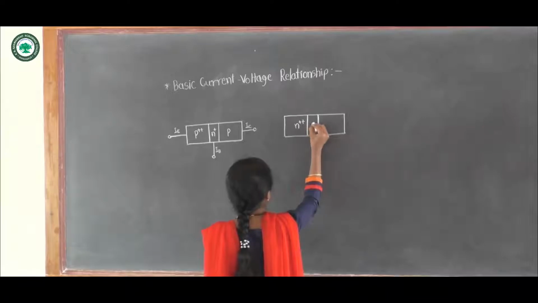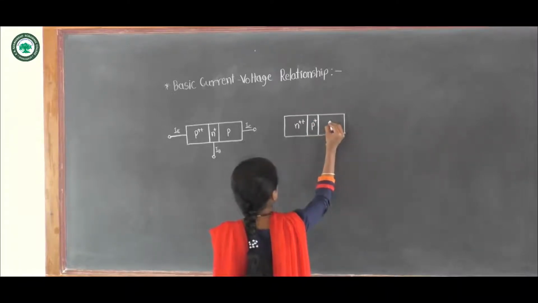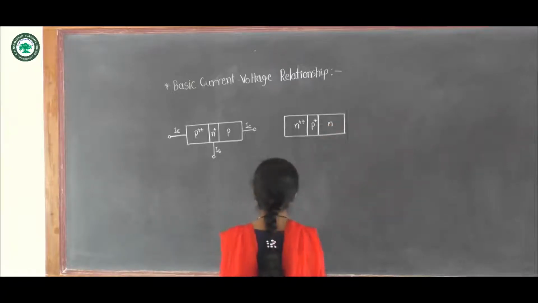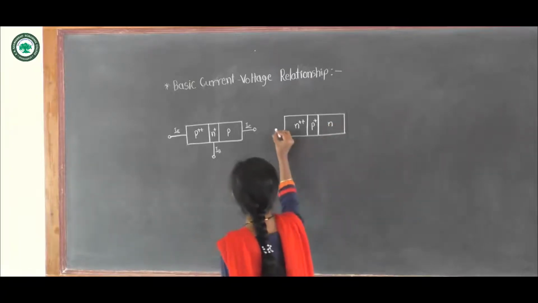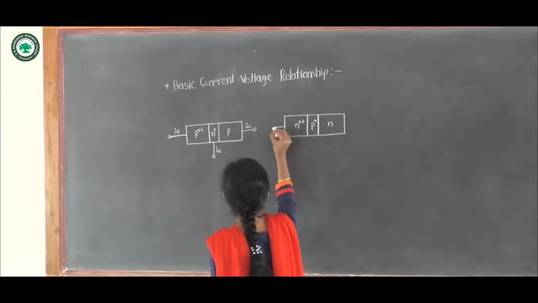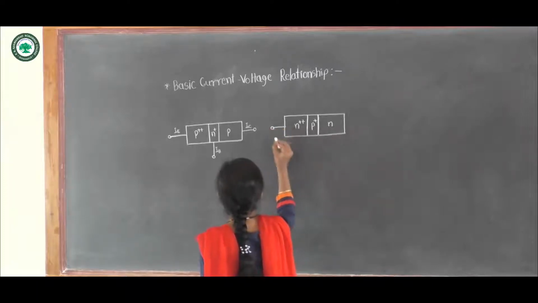This P region is moderately doped, so it is denoted as P+, and this N region is lightly doped, so it is denoted as N. So as this is the emitter, current flowing through emitter terminal is IE.